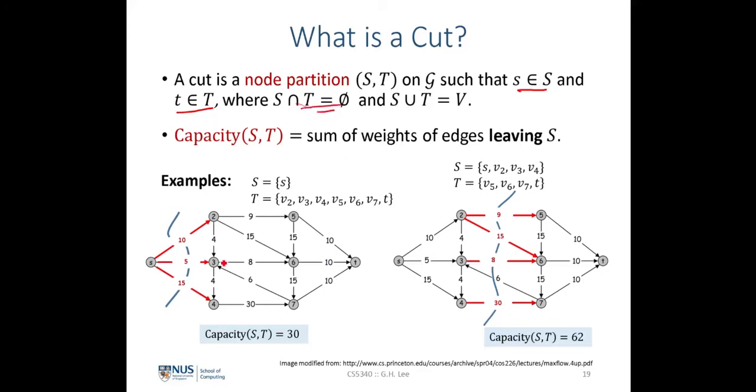This means that when we make a cut, we partition this graph into two disjoint sets of nodes, where the S union T is the whole graph itself, and the capacity of the cut simply refers to the sum of the weights of the edges leaving S.